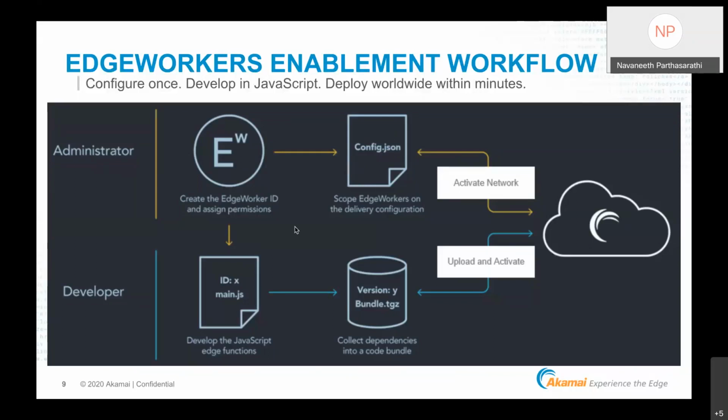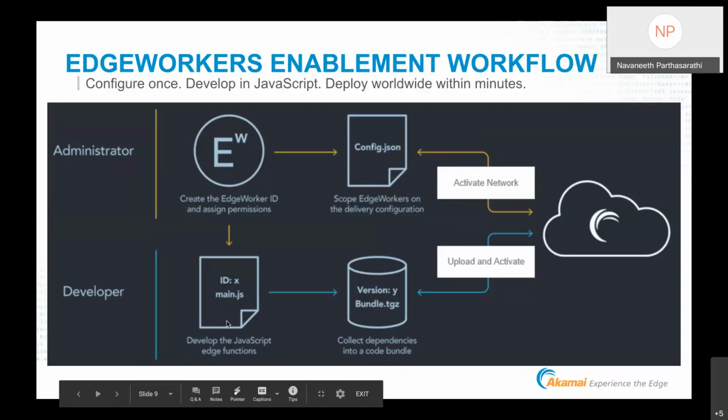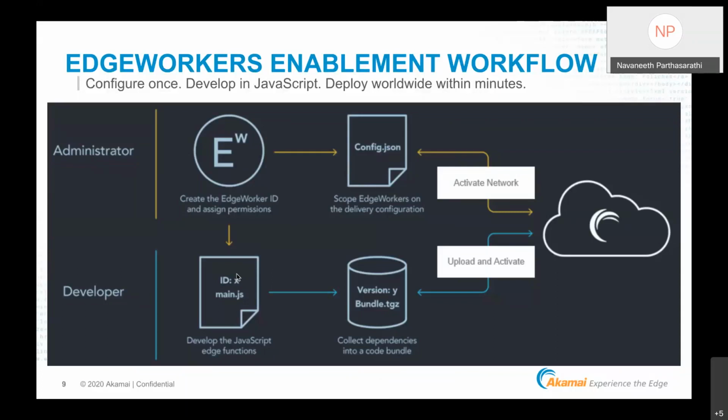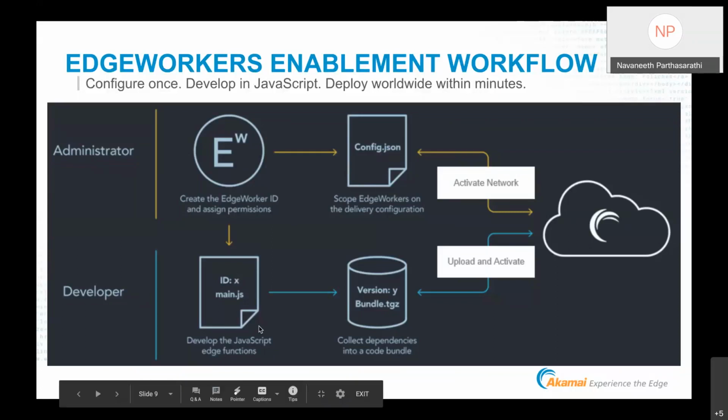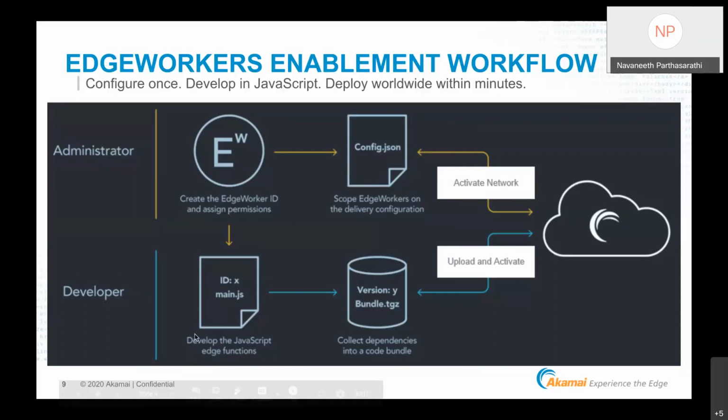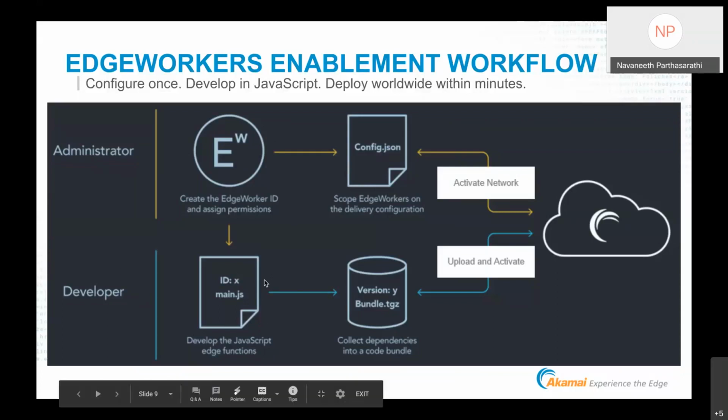Once this is done, the developer can start creating the logic on the edge worker. So what does the logic actually mean? It means creating the piece of code. There are two portions again here. One is the main.js file, which contains the JavaScript functions.